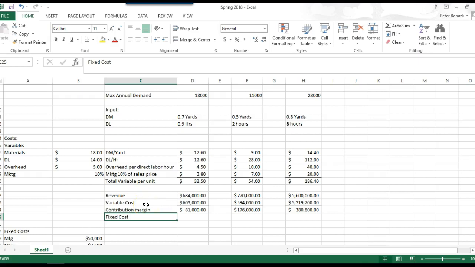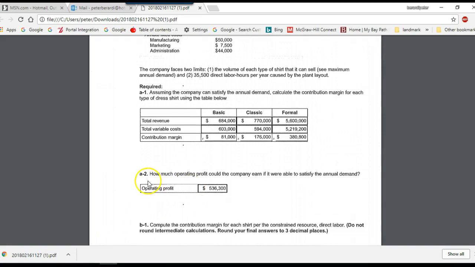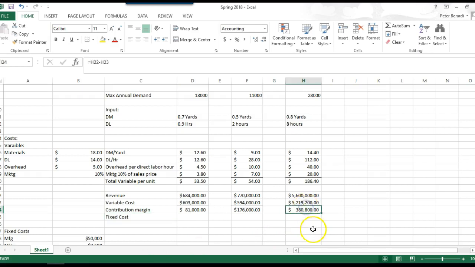How much operating profit could the company earn if it were able to satisfy the annual demand? Which is A2. So basically, let's just total up our contribution margin. So we'll put total here.